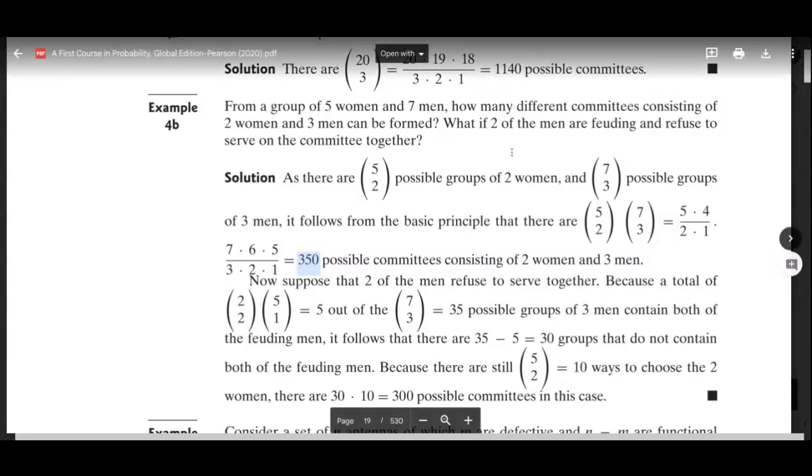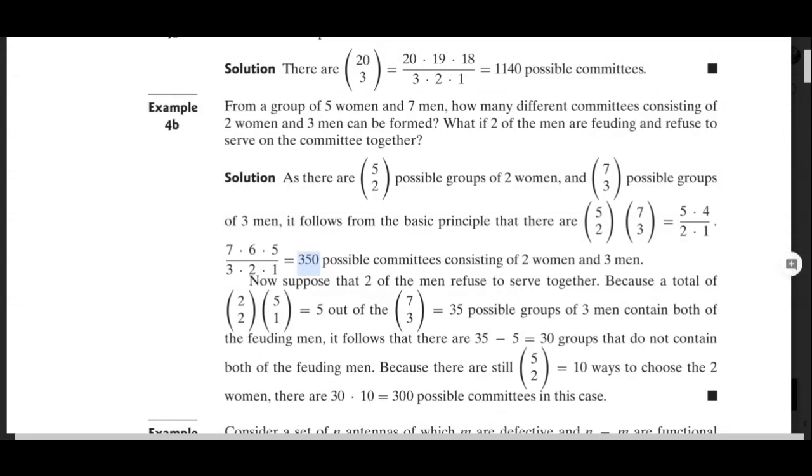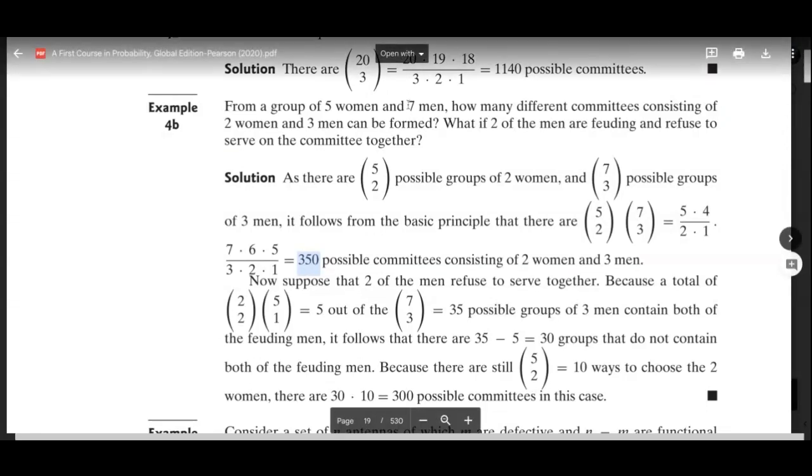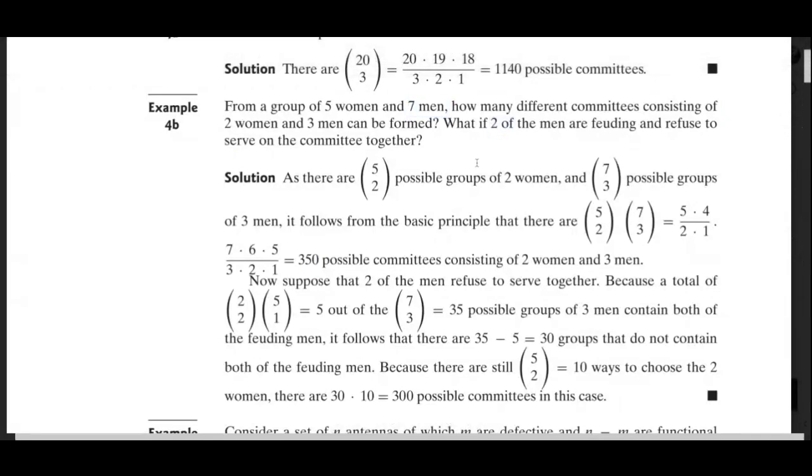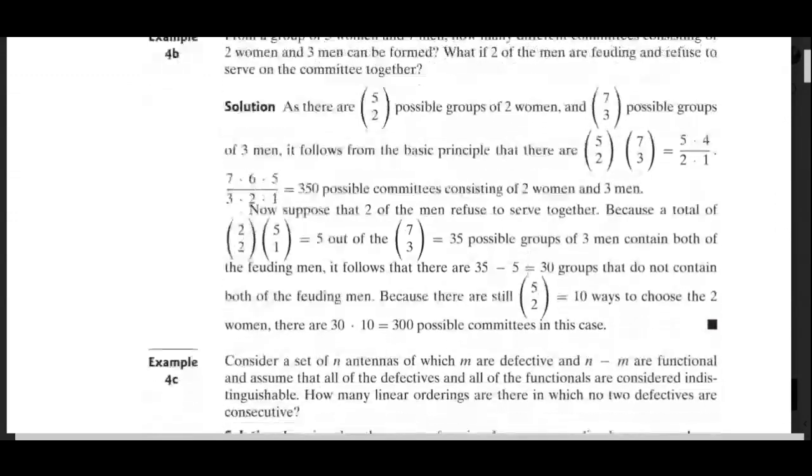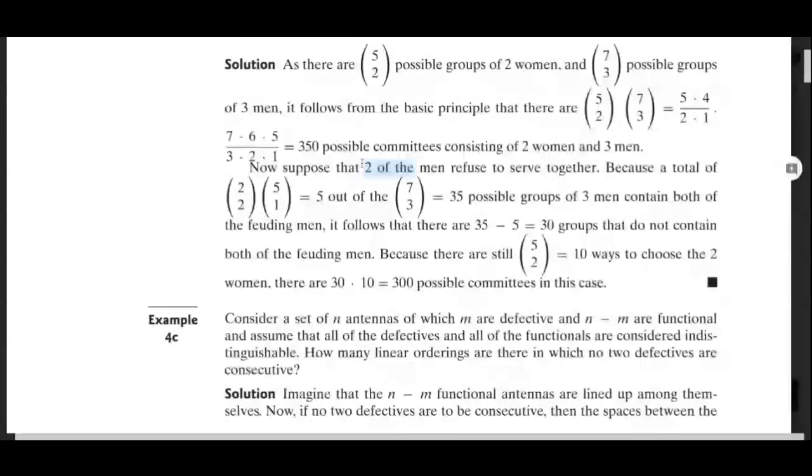Now the second one says if 2 men refuse to serve on the committee together, so what do we do? So 7 men in the beginning, 2 rejected. How many left? There's 5, right? The 5 left. So suppose 2 of the men refuse to serve together.